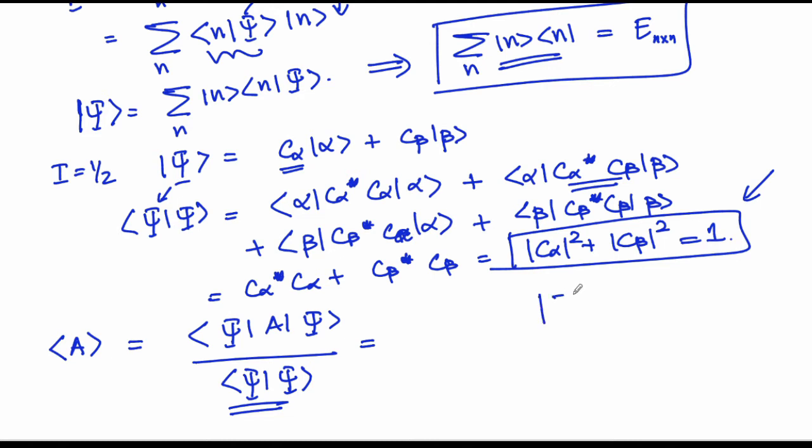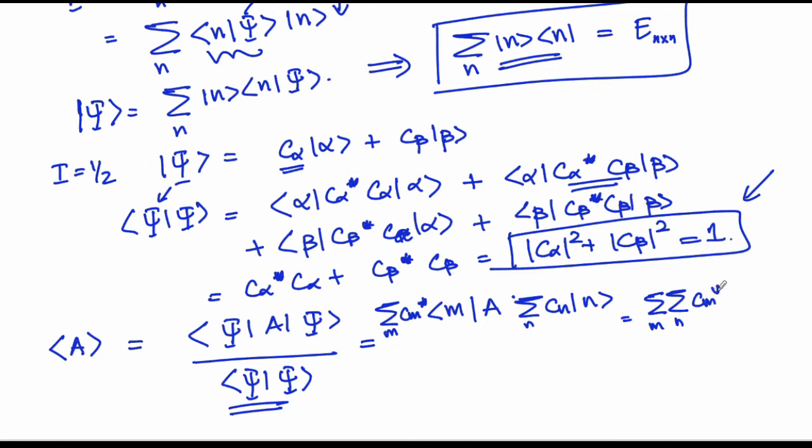So the ket is going to be summation Cn, the ket n with A being the operator, and the bra part is going to be summation Cm star, summation over m, and the summation over n, bra m. So therefore, this can now be rewritten as double summation over m and n of Cm star Cn bra m A ket n.